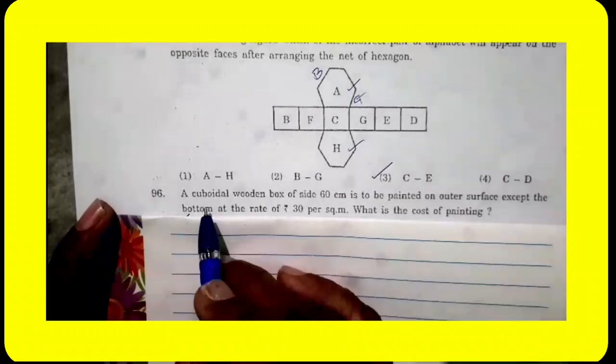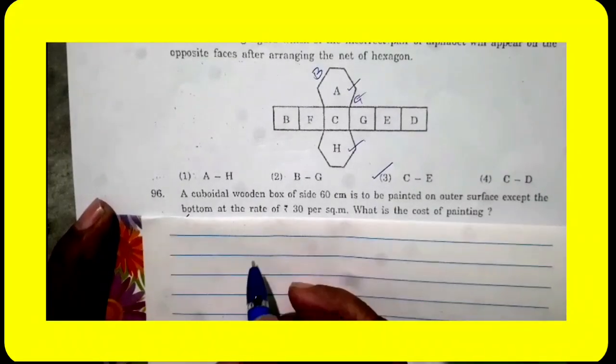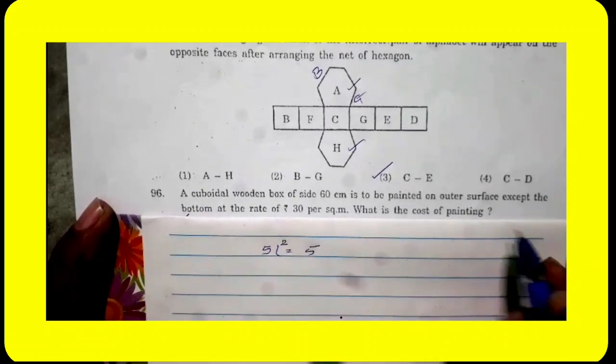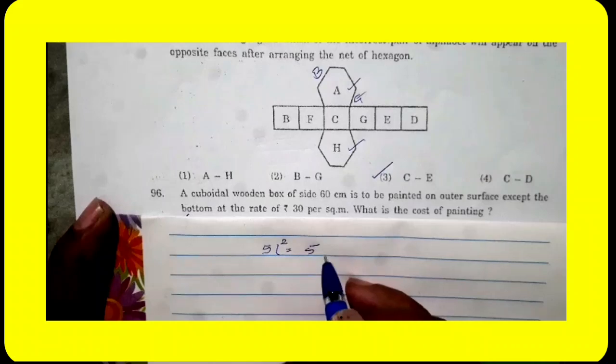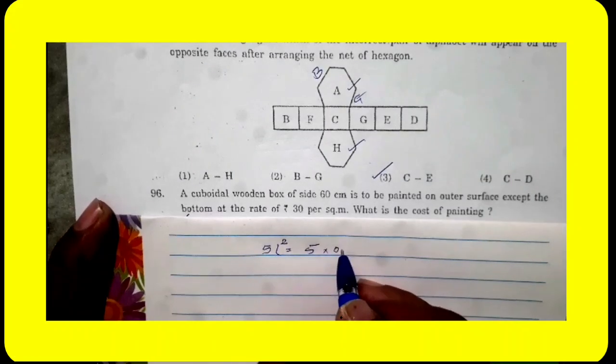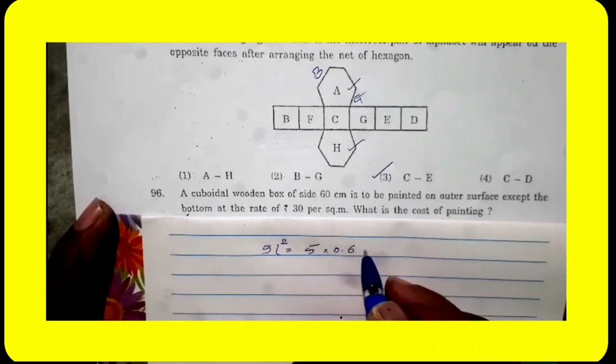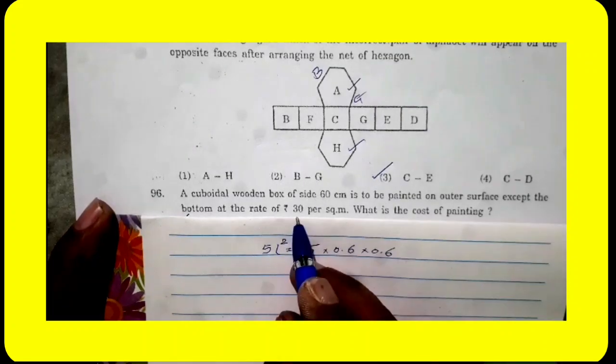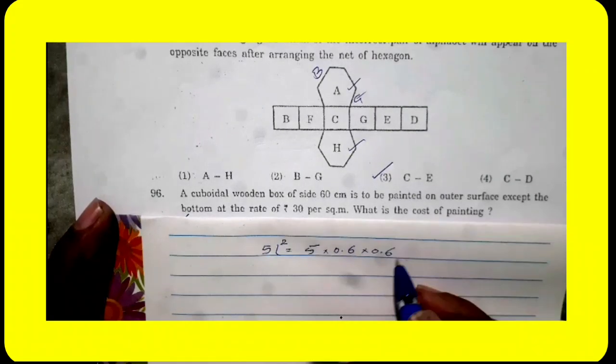Question 96. The cuboid wooden box, 16 kilometers. The area of 5 sides of the cuboid is 5 L square. L is 60 centimeter, that is 0.6 meter, and weight is 30.